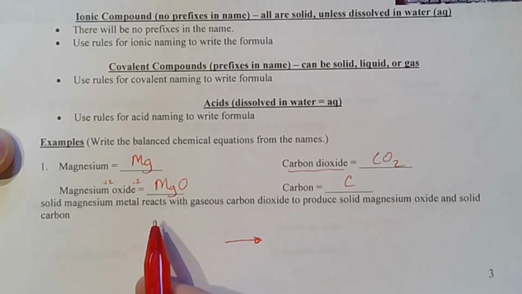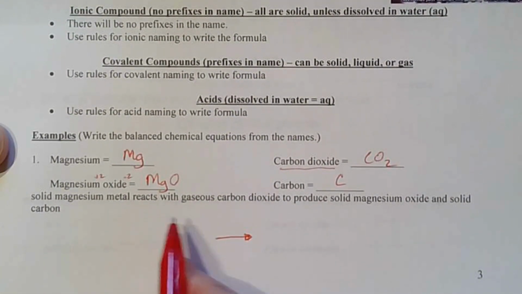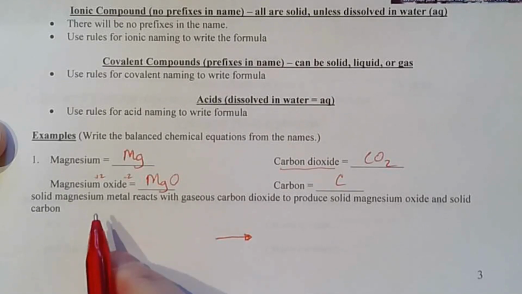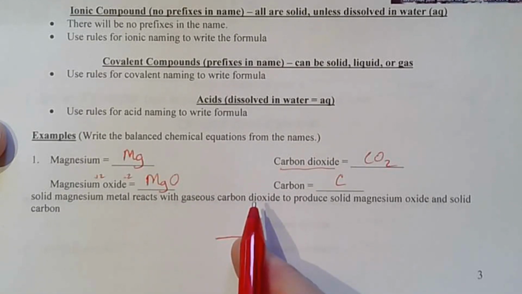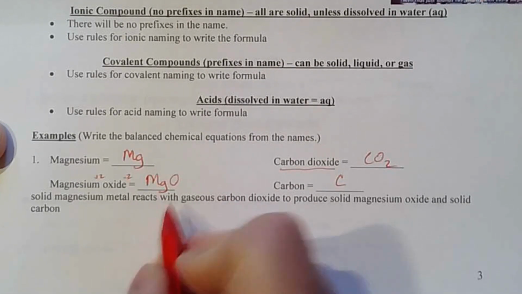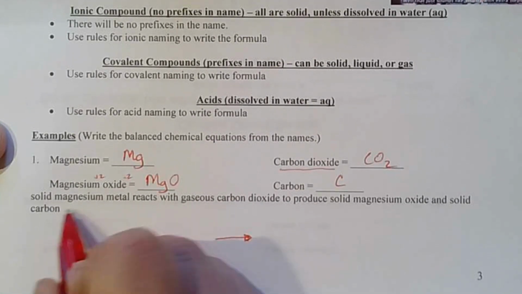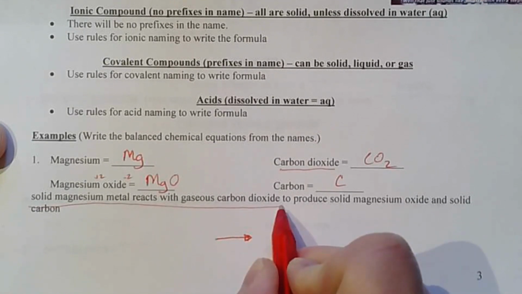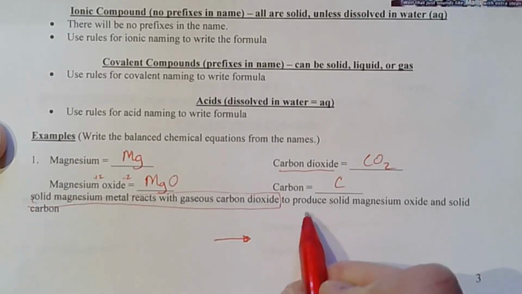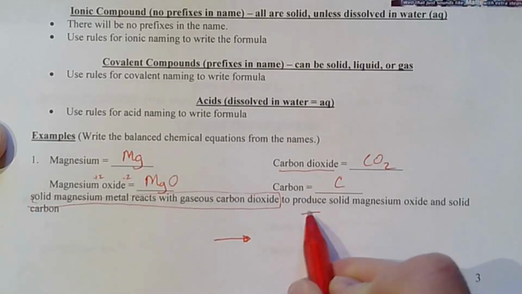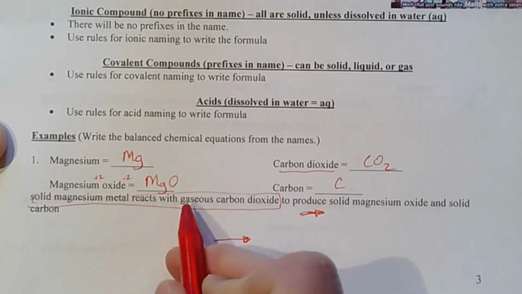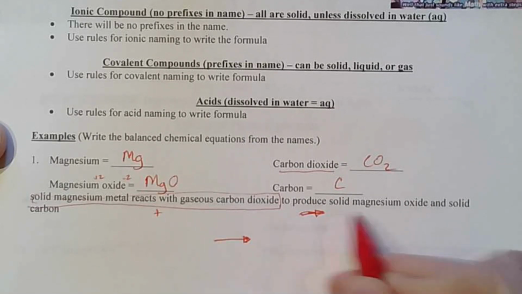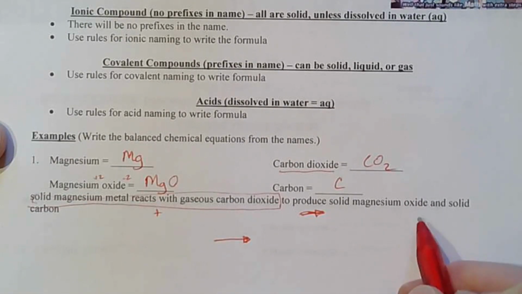So trying to parse this sentence to figure out what's a reactant, what's a product, it says solid magnesium metal reacts with gaseous carbon dioxide. Okay, so this is basically saying these are our reactants. You see the to produce, that is telling you, okay, that's the arrow. So this reacts with this, so it's basically this plus this to produce solid magnesium oxide and solid carbon.